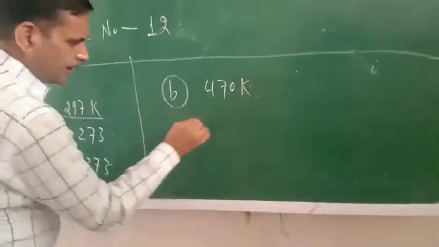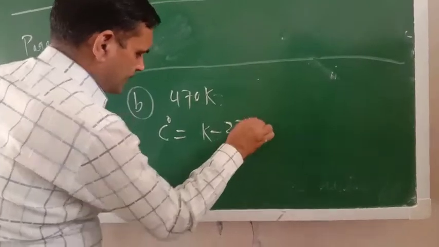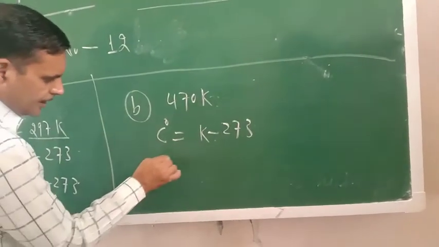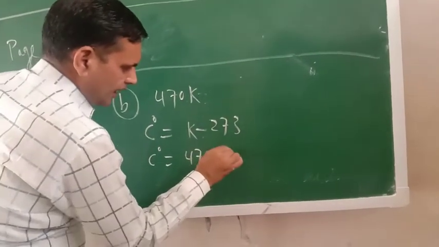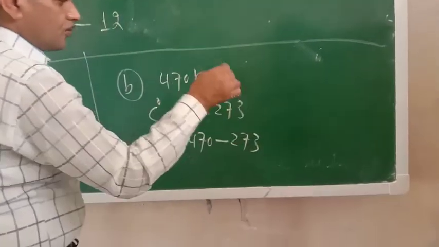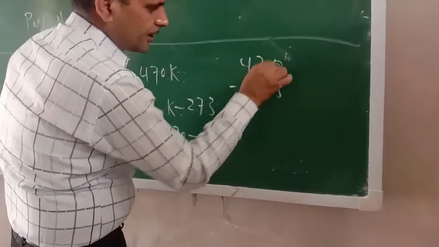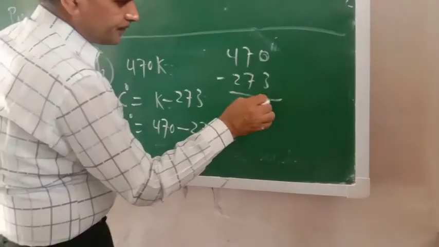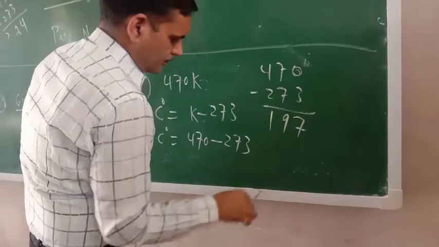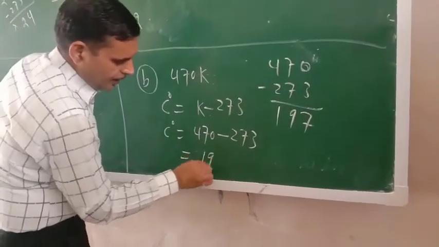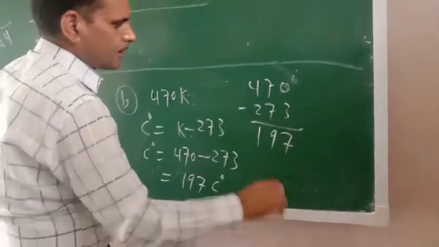Similarly, for this one, C equals K minus 273, so 470 minus 273 equals 197 degrees Celsius.